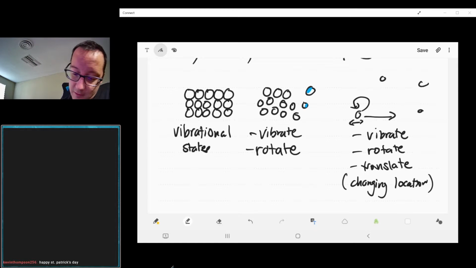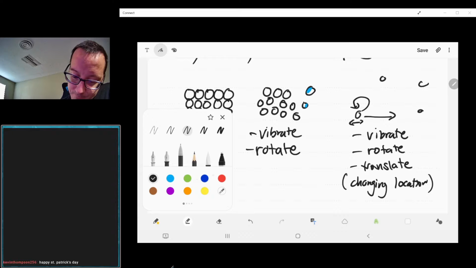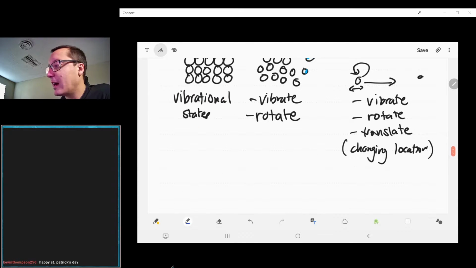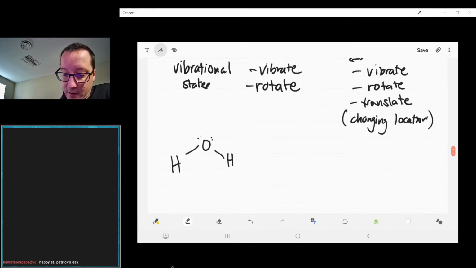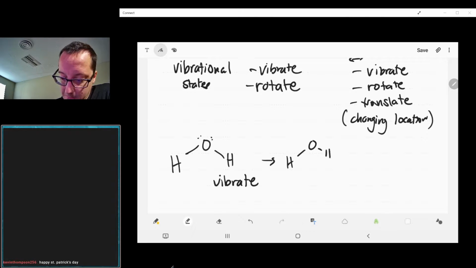And so we also saw that if you want to look at these in terms of actual molecules, we can take a look at a water molecule. Here it is. If it's going to vibrate, that might look something like this, where it will have shortened the bond between the oxygen and hydrogen, and maybe lengthened the other one.